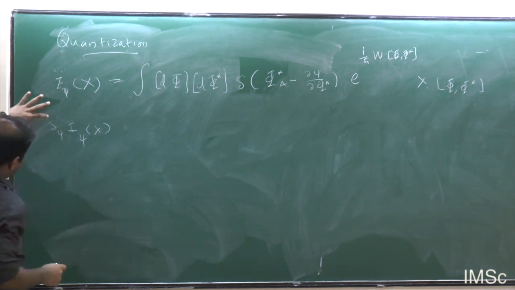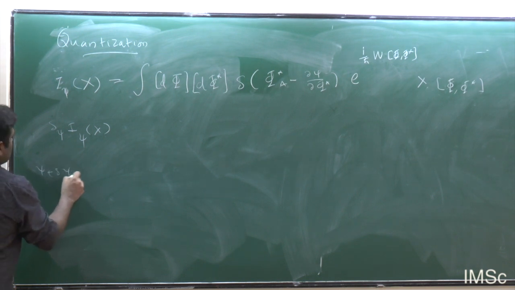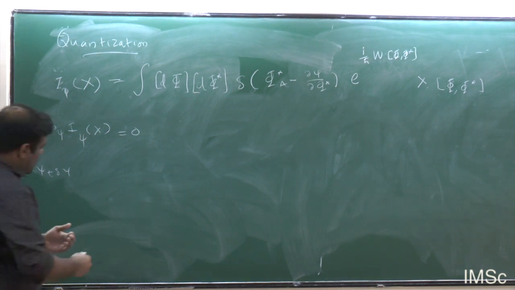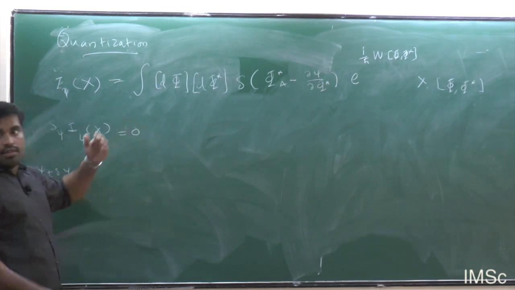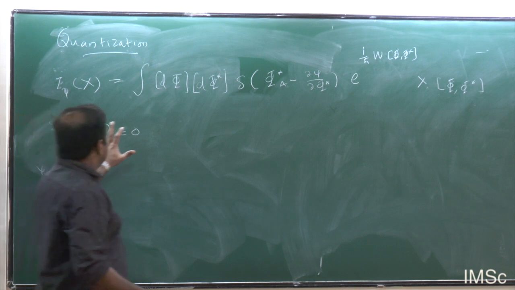So the variation that I compute by deforming the gauge fermion psi to psi plus delta psi should not change the path integral. That is the way we figure out whether the definition itself is consistent or not, whether it is independent of the gauge fixing procedure that you utilized. So that is the condition.